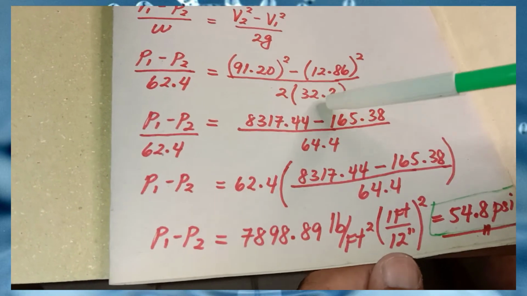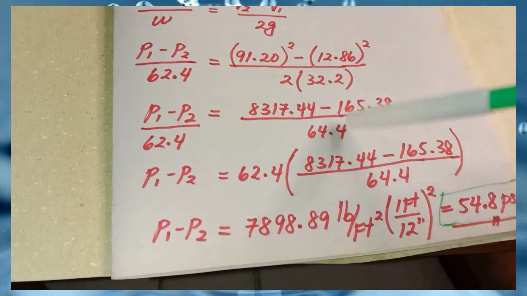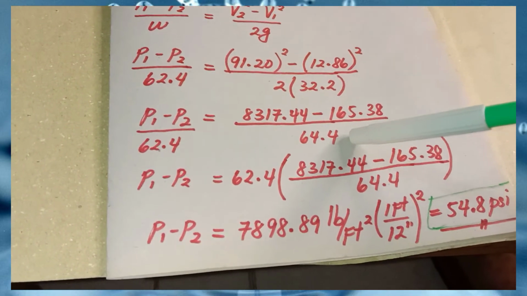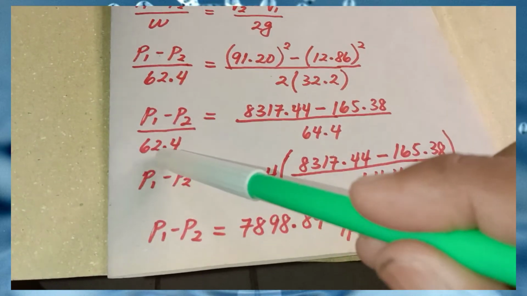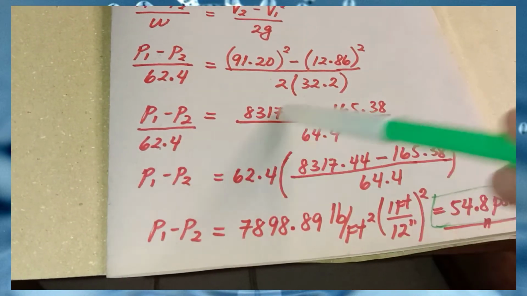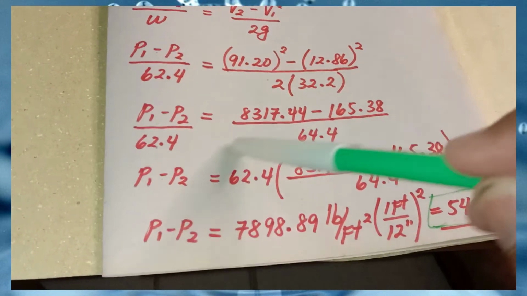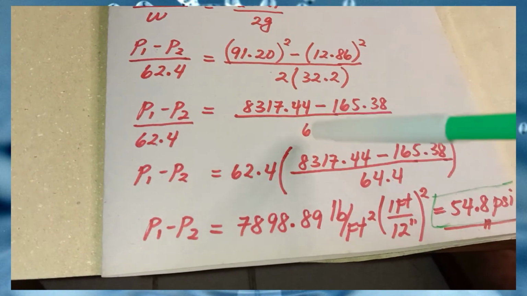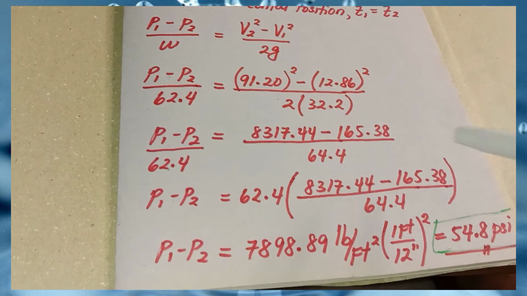And the product of these two values is 64.4. So by simplifying further and by cross multiplying, 62.4 pounds here. So this is the expression after simplifying all these parameters.